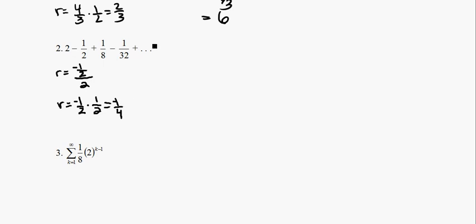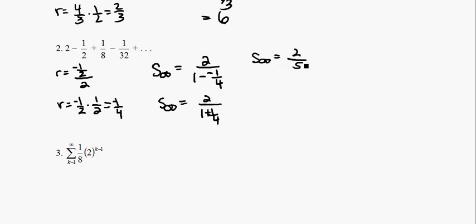That's a sad looking negative. So my infinite sum will be equal to the first term, 2, over 1 minus -1/4, which is 1 plus 1/4. So this is 2 over 5/4, and if I flip and multiply, I get 8/5.